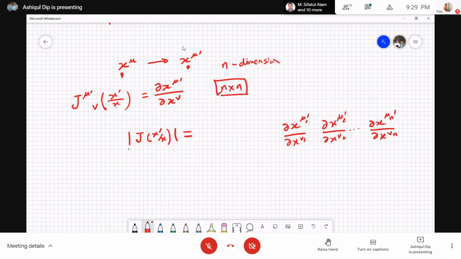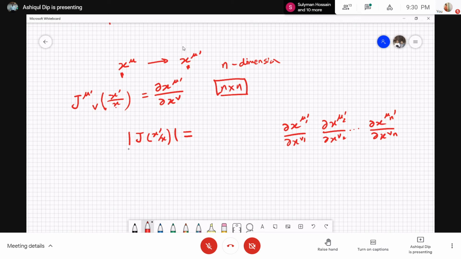And let's see which epsilon I should use here. Epsilon with lower indices. Epsilon with, you could do that actually, it doesn't matter much.